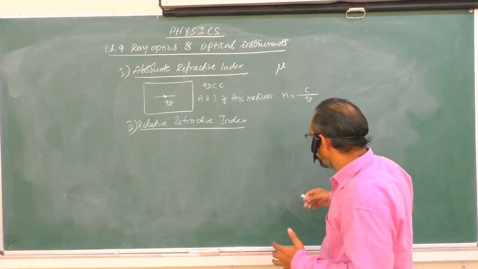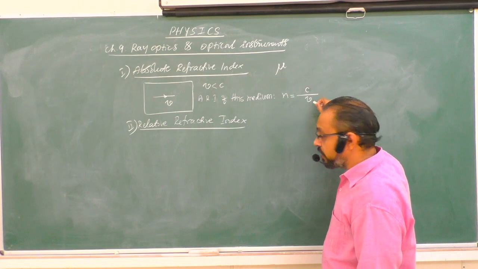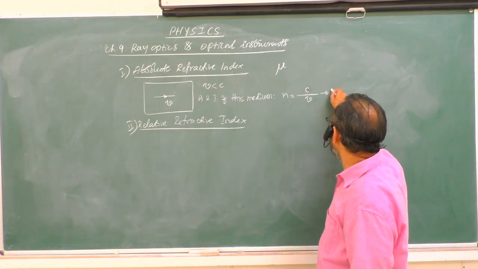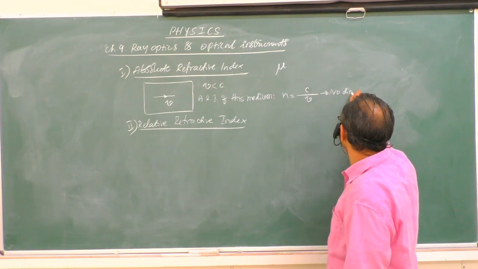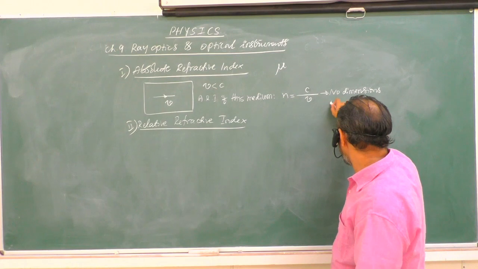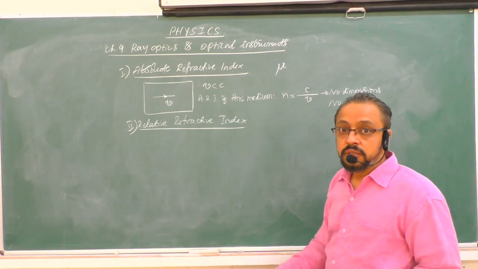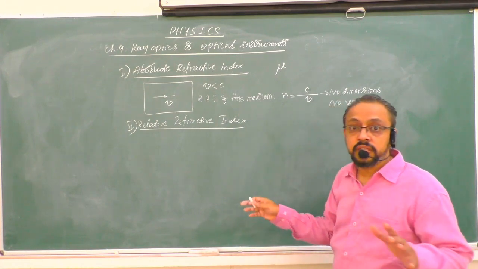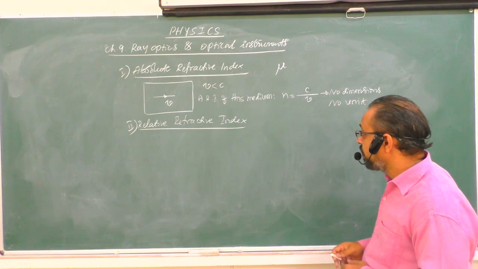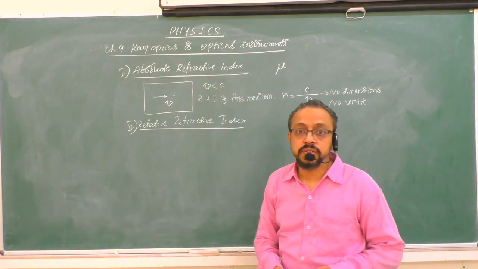For that reason, the dimensions in numerator and denominator get cancelled, and this n has no dimension, otherwise no unit. So this n is having no unit. Well, so that's all about absolute refractive index.